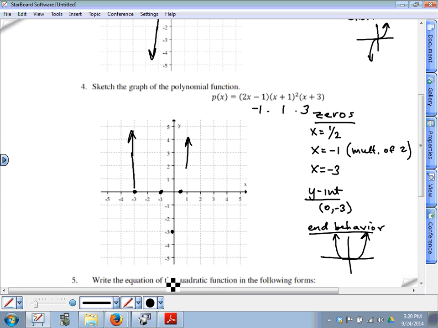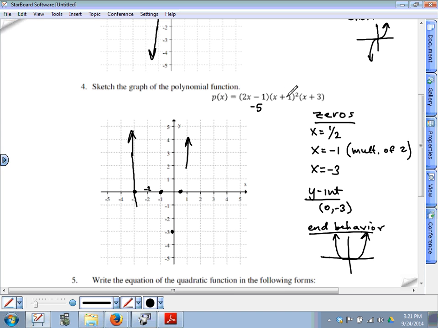Now as the graph approaches that x-intercept, it only has a multiplicity of 1, so it crosses through. And we know at some point it has to turn back up and head here, but to find exactly where it turns up, you either have to have calculus or a calculator. We don't have either yet, so we're just going to estimate, and I'm going to plug in negative 2 as the next value to see where the graph is at negative 2. 2 times negative 2 is negative 4, minus 1 is negative 5.